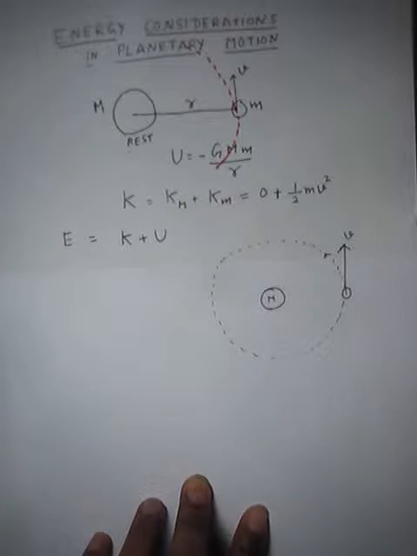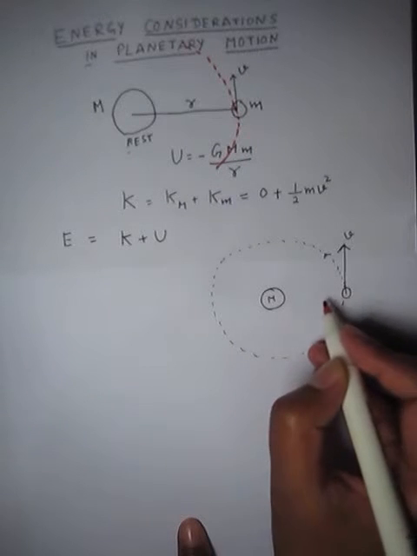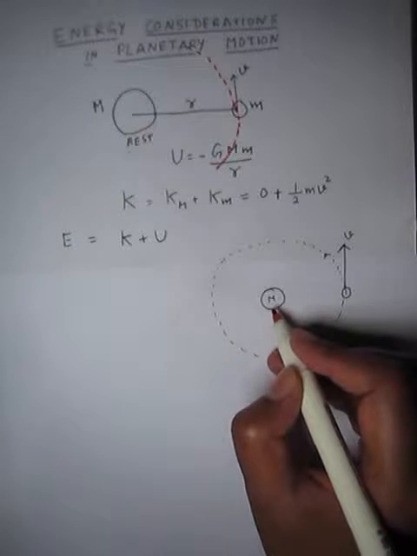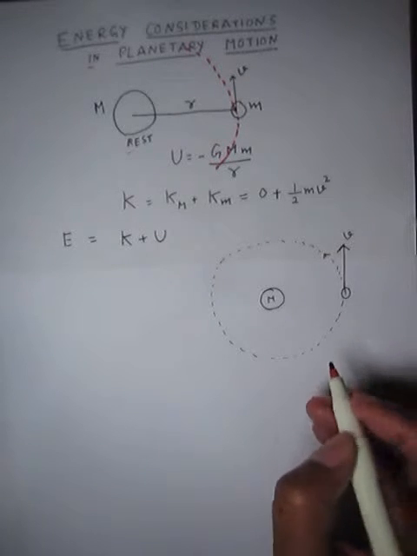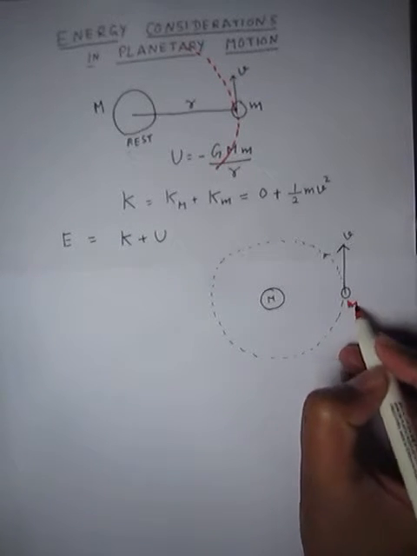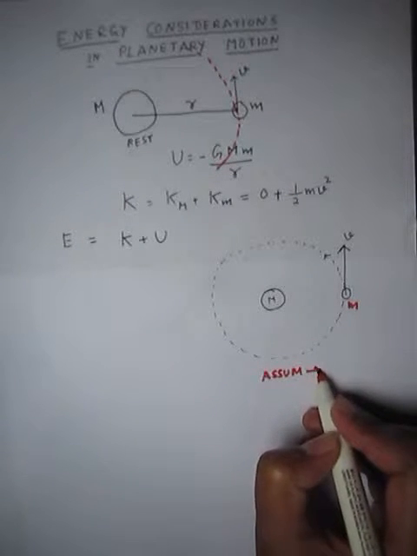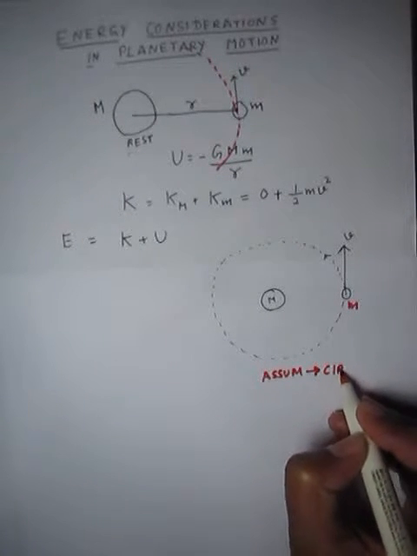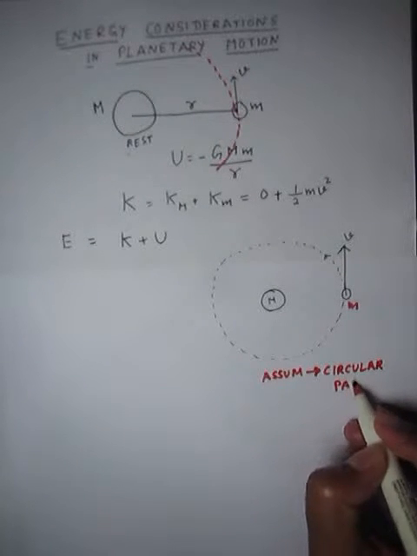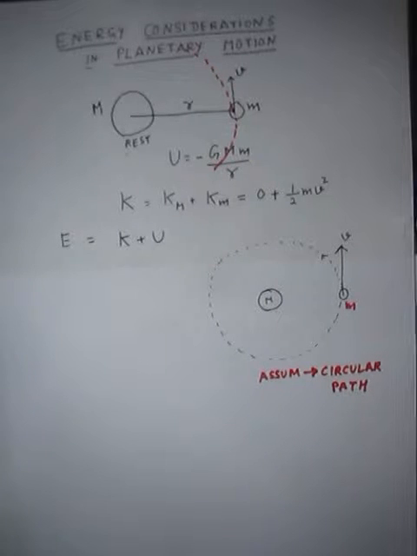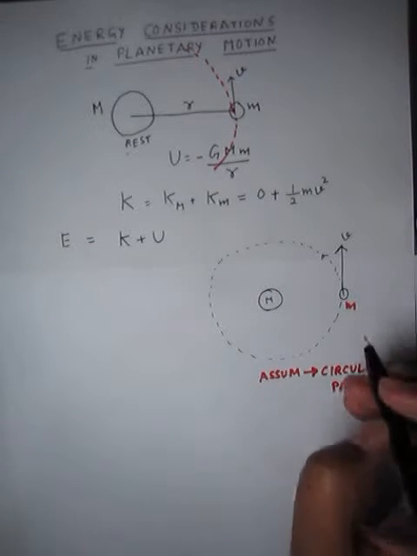We are assuming that if it is a planet it is moving around the sun, and if it is a satellite it will be moving around another planet. So we are assuming that it is traveling a circular path.